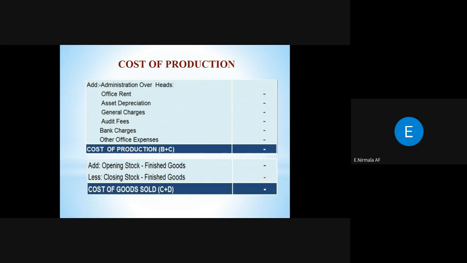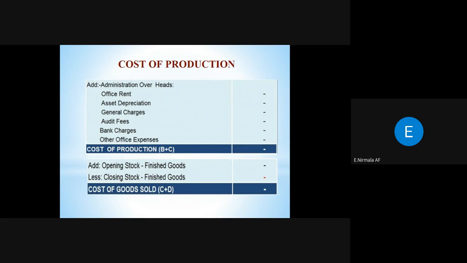So from the work cost, we have to add office and administration overhead cost such as office rent, depreciation, general charges, audit fees, bank charges, other office expenses. Then we will get cost of production.